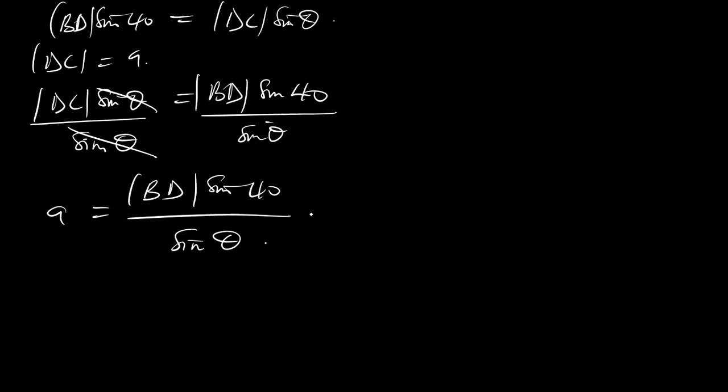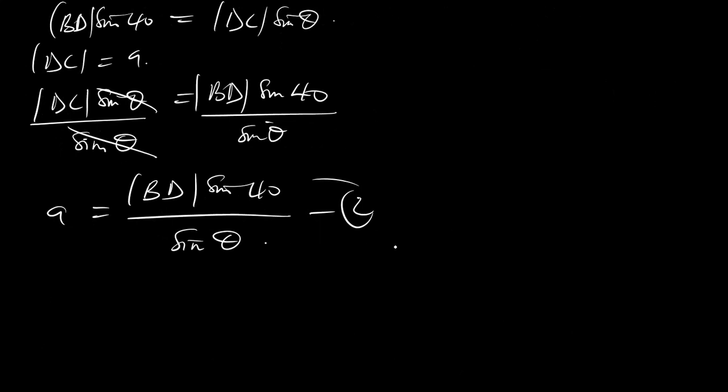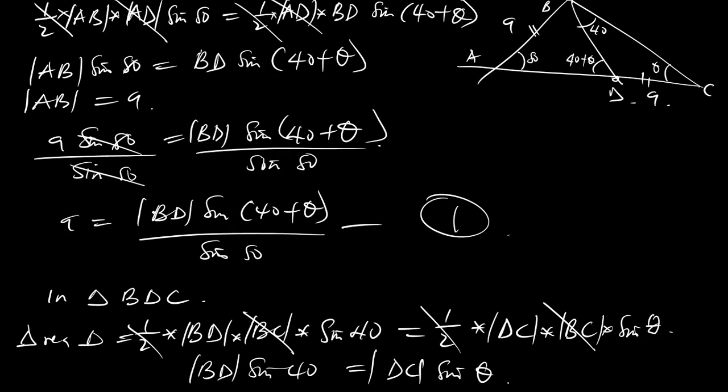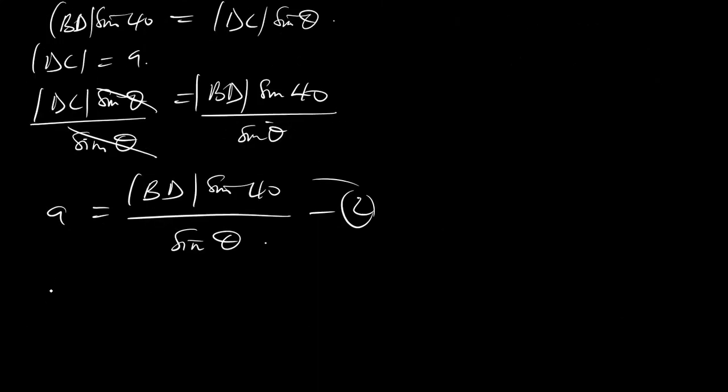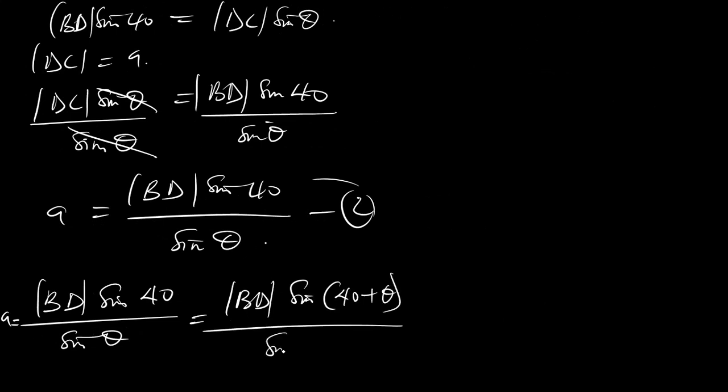Now, this is equation 2. Since A is equal to this and also A is equal to this, we can say BD sine 40 all over sine theta, which is equal to A, is also equal to BD sine 40 plus theta divided by sine 80.